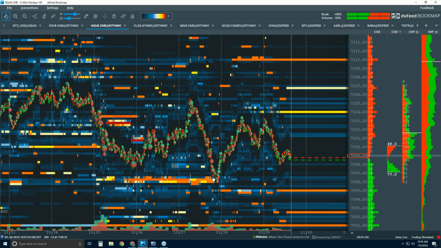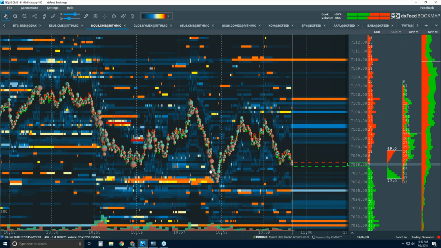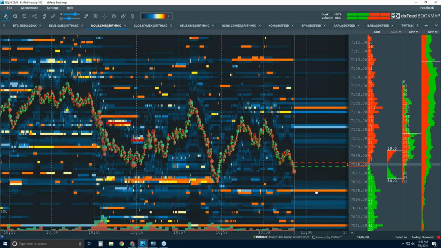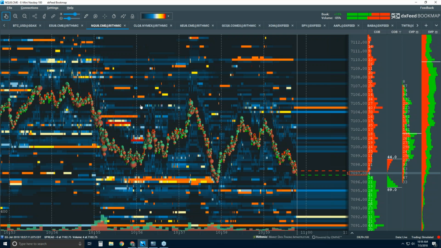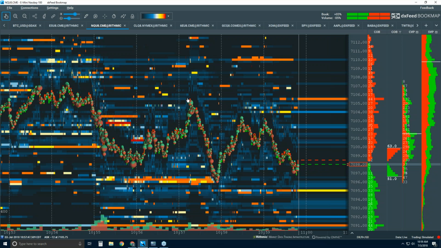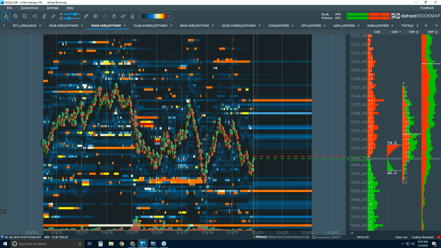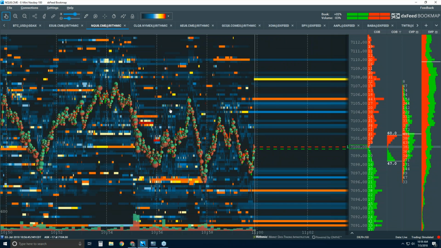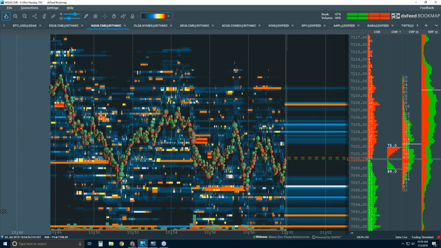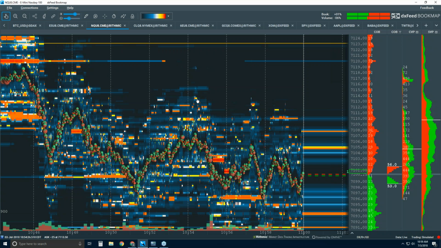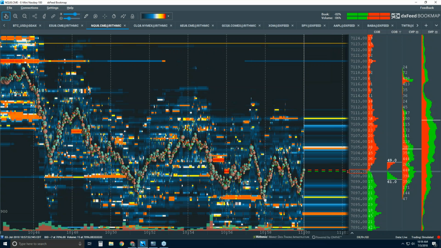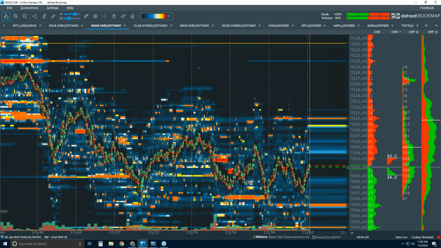Still making lower lows and lower highs. Nice cluster of selling, looking for 70.95 here to test. And they're starting to pull as well. One caveat though is this area down here, higher liquidity, and we're starting to make in the structure here.